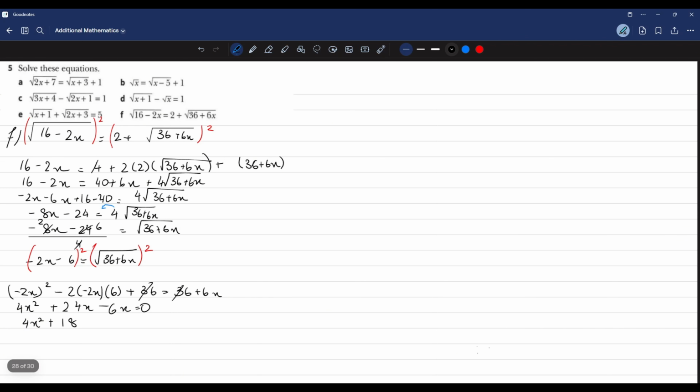So plus 18 is equal to 0. Again, can I take a common factor out of this? Yes, I can. I can take 2 as the common factor here. So I'm going to get 2 times 2x squared plus 9 is equal to 0, so I'm going to get 2x squared plus 9 is equal to 0 as the equation.